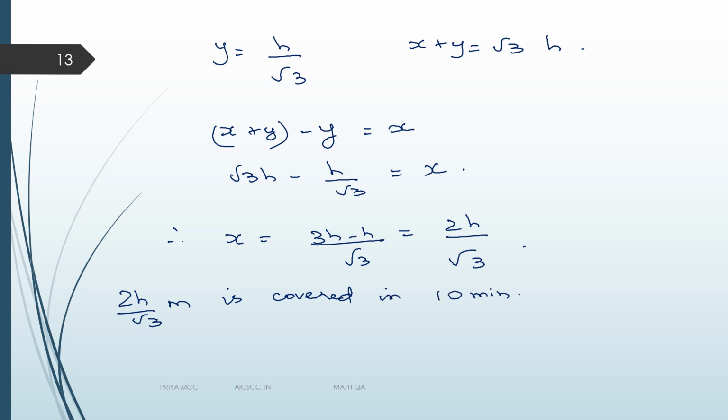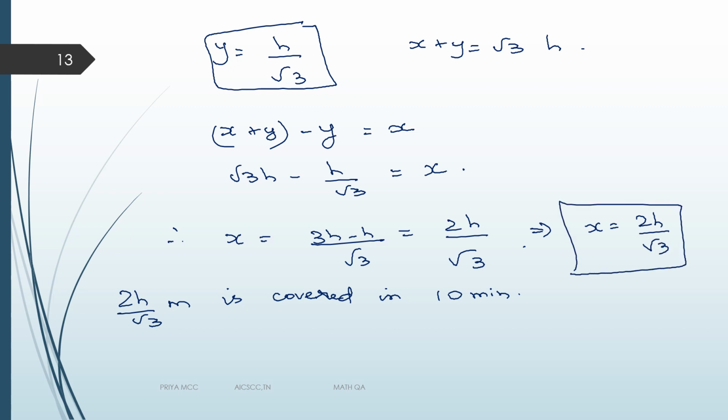Okay, so how much distance he has to cover now? Y. What is Y? Y is H by root 3. We already have it. We need not find out. X only we had to find out using the value of Y. Right? So, therefore, Y distance, how much will he cover? That is the distance from his current position to the shore.